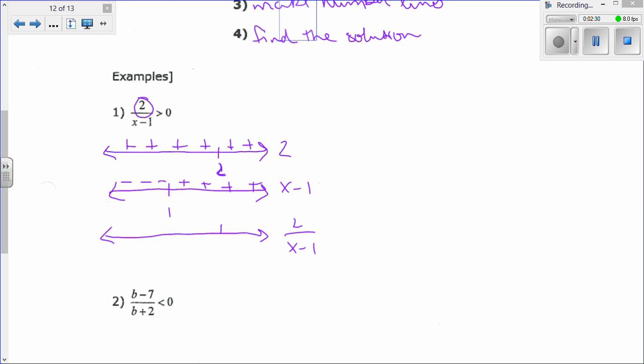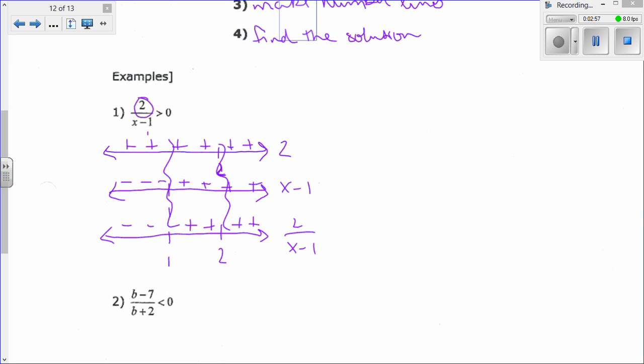So then I have my 2 and my 1 that I can bring down. Now I'm going to divide my number lines. 2, which is a positive, divided by x minus 1. So a positive divided by a negative is a negative. A positive divided by a positive is a positive. And a positive divided by a positive is also a positive.